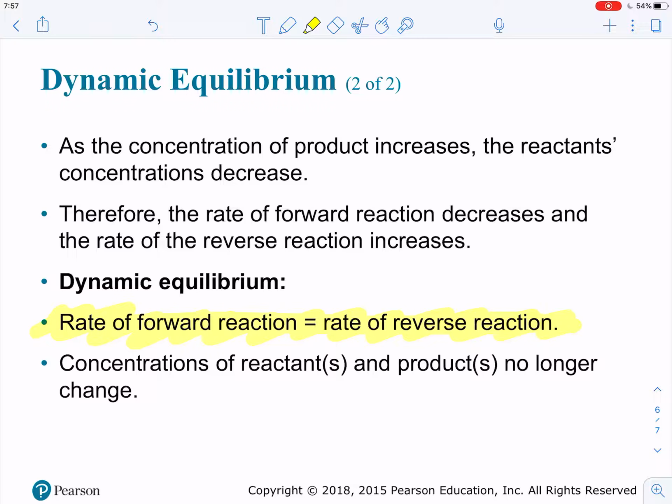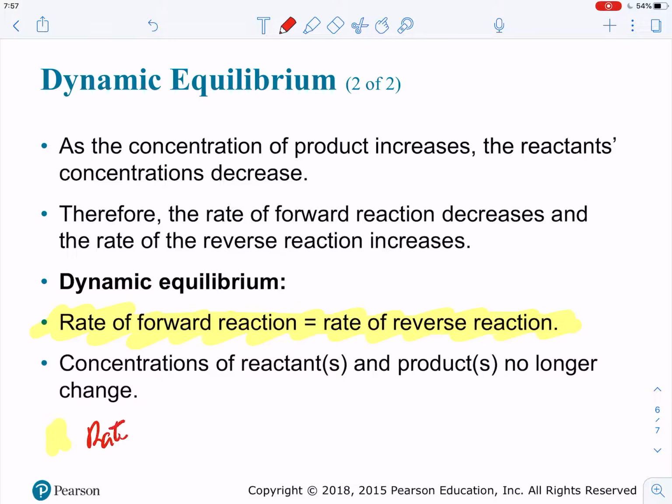The speed at which you are generating products is the same speed at which you are regenerating the reactants. Okay? So I want to be very clear with this. So let me write that again.